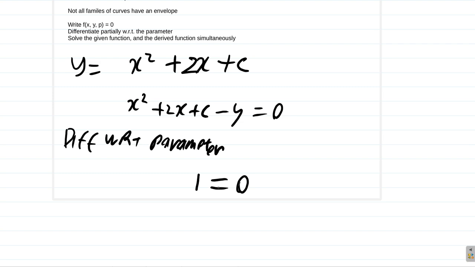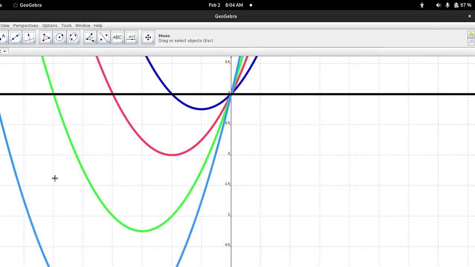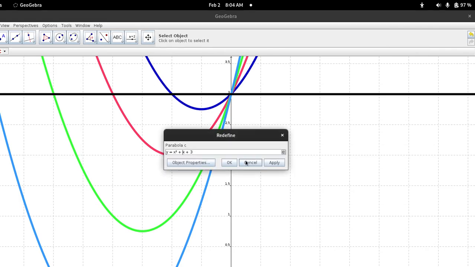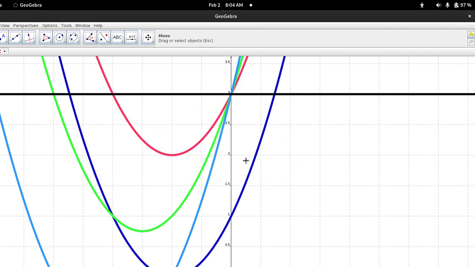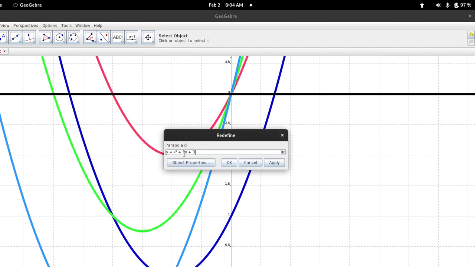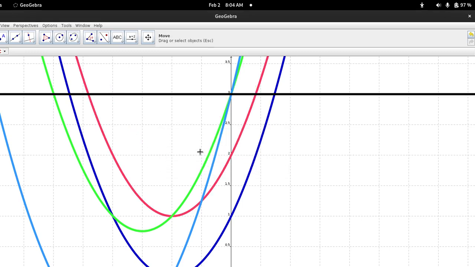We're going to plot them. They're not supposed to have a common point where they are touched, or where you can draw a curve to touch them. So let's see. x squared plus 2x plus c. Let's just change them now. This blue one is x squared plus 2x plus, let's start at 1, plus 1. Okay. The red, x squared plus 2x plus 2. Alright.